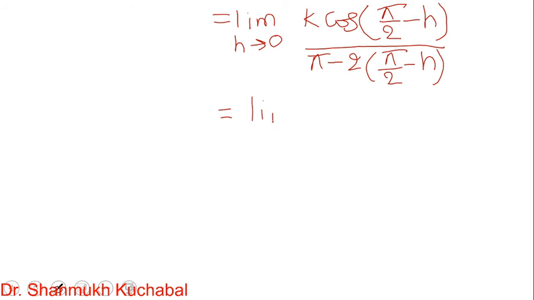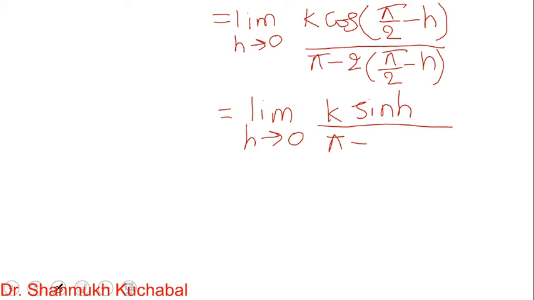It is limit h tending to 0, k times, and we use the allied angle formula, which you have already studied from 10th standard onwards. Cos of 90 minus theta is sin theta, so we get sin h. In the denominator, pi minus 2 times pi by 2 minus h, minus into minus is plus 2h, pi cancels.